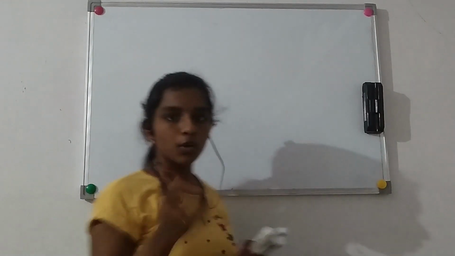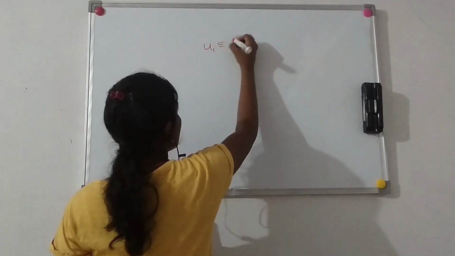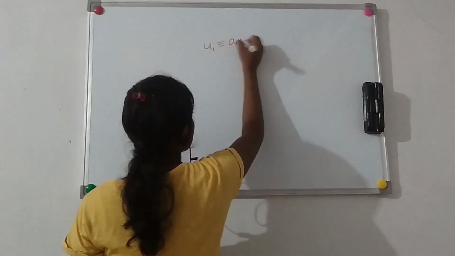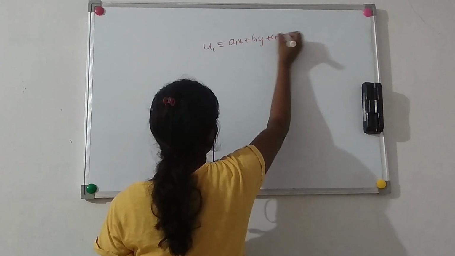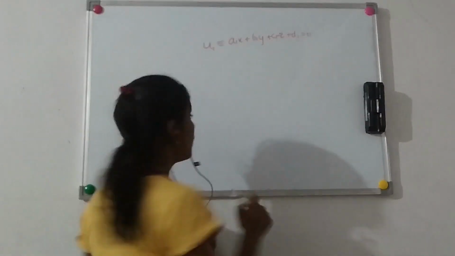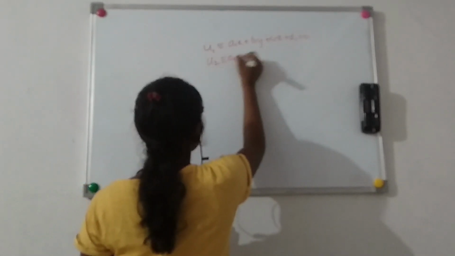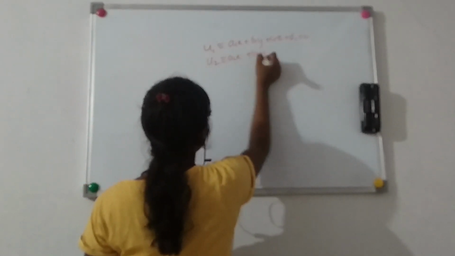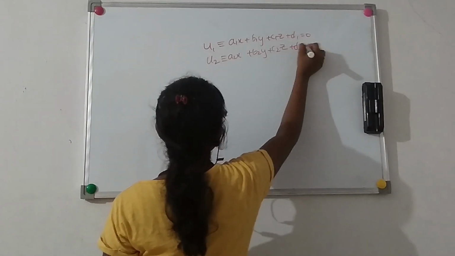If you have two equations of two planes, that is u1 equals something like a1x plus b1y plus c1z plus d1 equals 0. This is u1. And u2 equals a2x plus b2y plus c2z plus d2 equals 0.